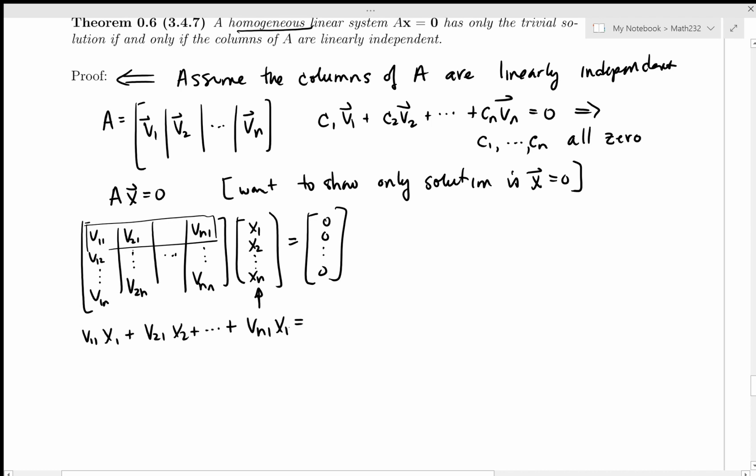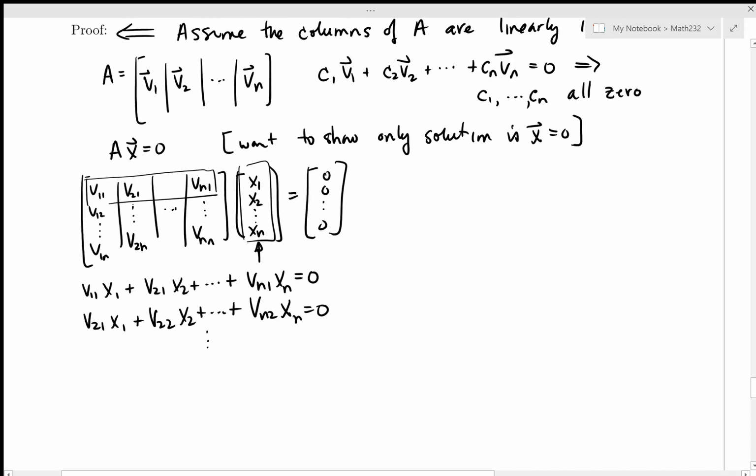Then I take the second row into the second column, and I keep going, and I do that for all of them.